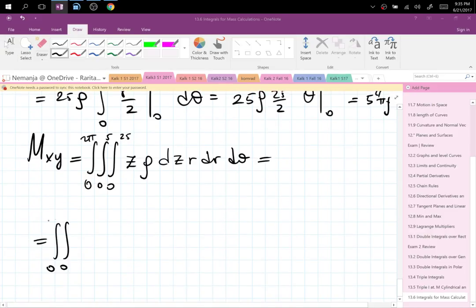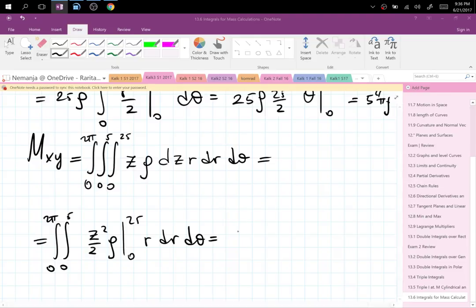So do the first integral, the inner one. Z, that will be z squared over 2 rho from 0 to 25, r dr d theta. That's 625 over 2, so 5 to the 4th, right? Over 2, kick that outside as a constant.